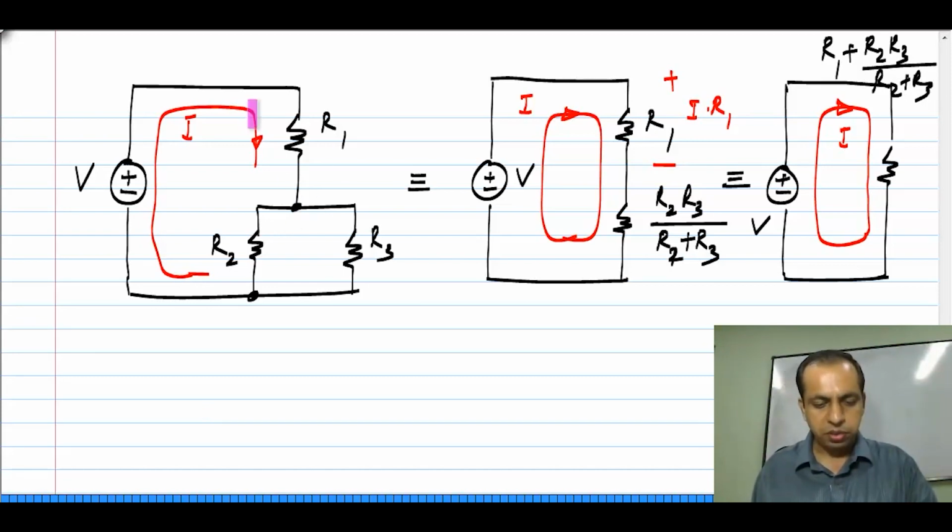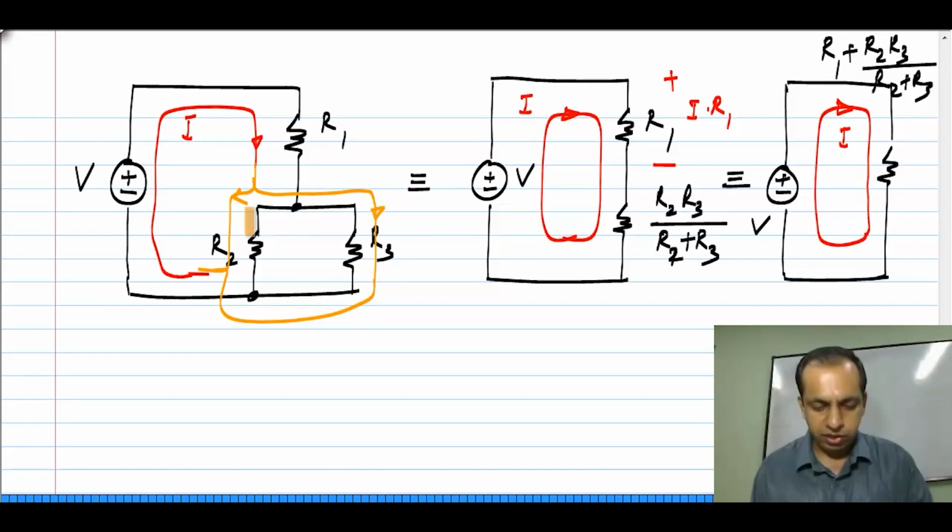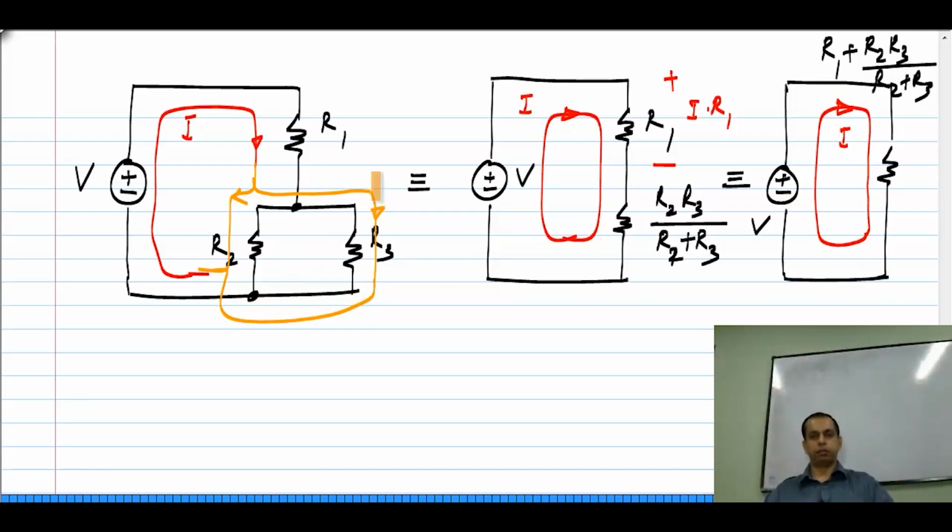Now, at this node, this I divides into two parts. So, some of it goes this way and some of it goes that way, and finally combine. And if you wanted these currents, the currents through R2 and R3, you can go back and use the current divider theorem. Okay.